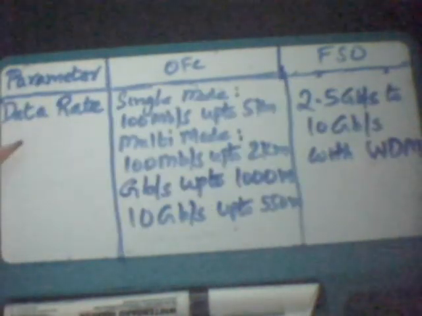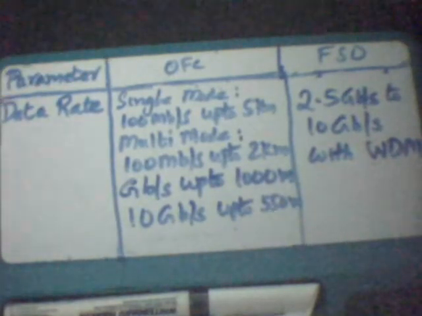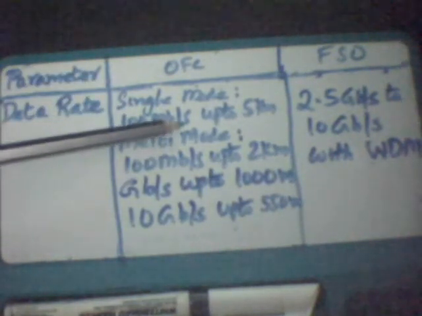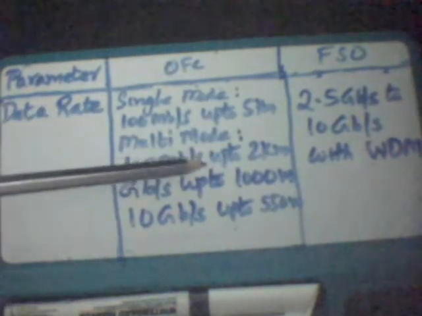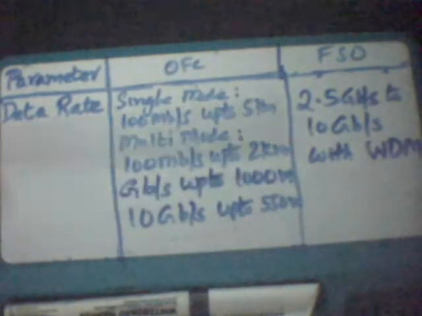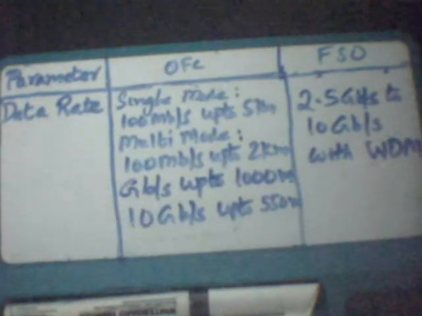A comparison of data rates for optical fiber communication and free space optics. When single mode fibers are used, the data rates can be up to 100 megabits per second for up to 5 kilometers. For multi-mode it is 100 megabits per second for up to 2 kilometers, it can be of the order of gigabits per second up to 1000 meters, and it can be 10 gigabits per second for up to 550 meters.